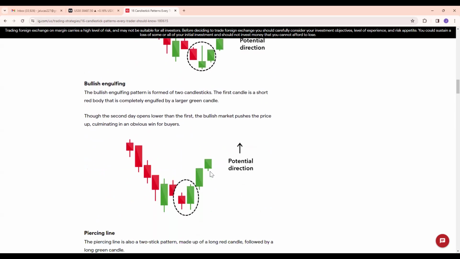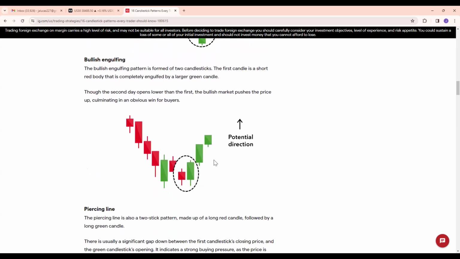All right. Now we're going to talk about one of my favorite candles, and this is what you would call a bullish engulfing. So a bullish engulfing is a statement candle, and it normally either marks a reversal or the start of a trend. And that's the same thing, really.